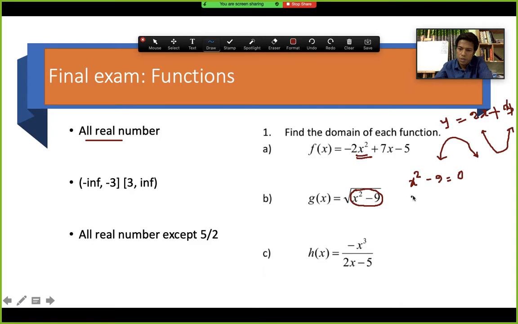Where you will notice that x square equals to 9, then x equals to, when it goes to the other side, it becomes plus minus square root of 9. So ultimately what we have is plus minus 3. That means this function is 0 at x equals 3 and at x equals minus 3.